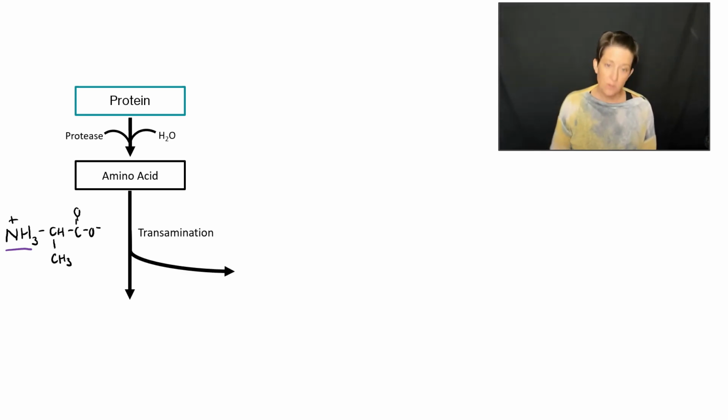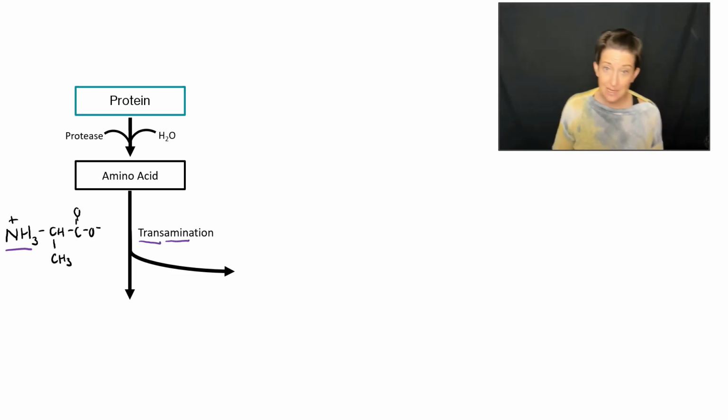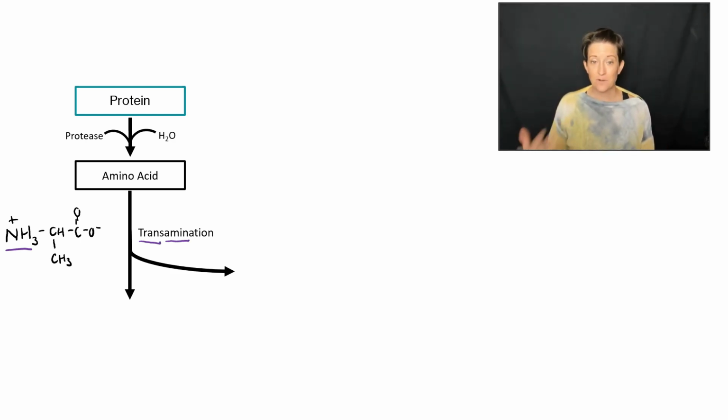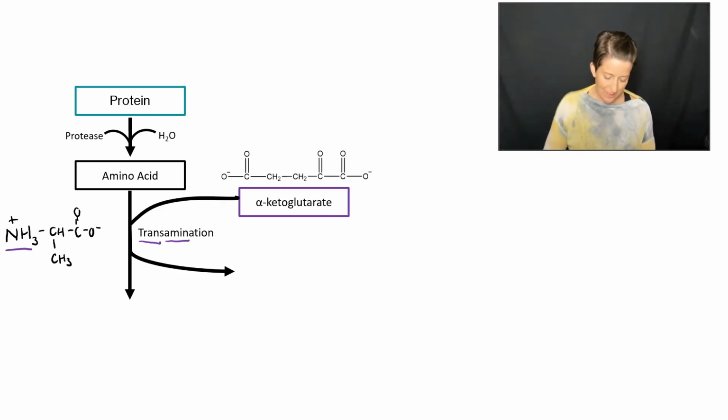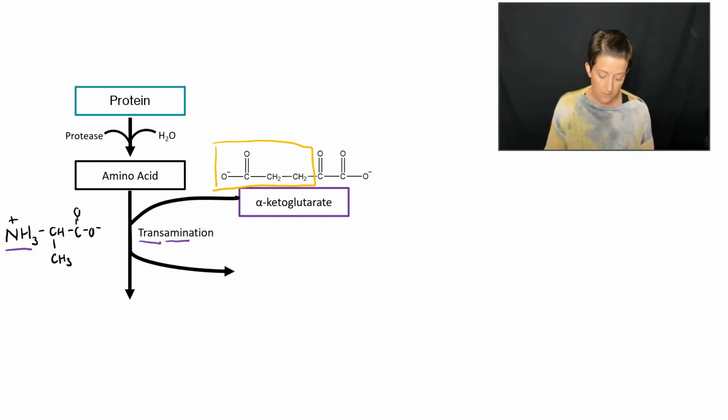We're going to do this through a process called transamination. Trans means to transfer, and amine. So this is a transferase enzyme that is going to move a functional group. Here we have alpha ketoglutarate, a derivative of glutamic acid or glutamate.